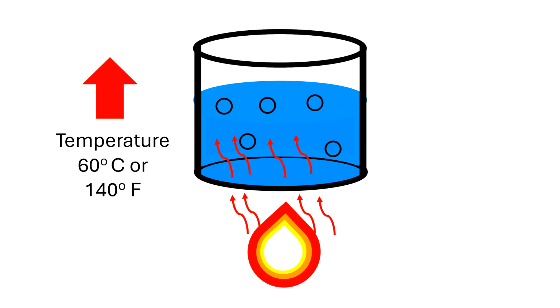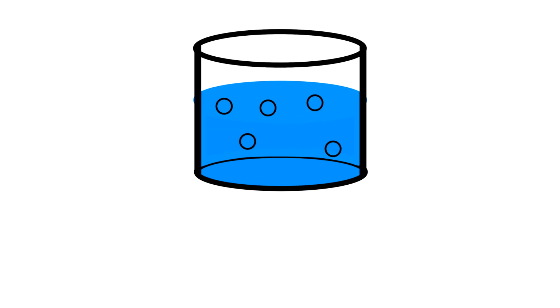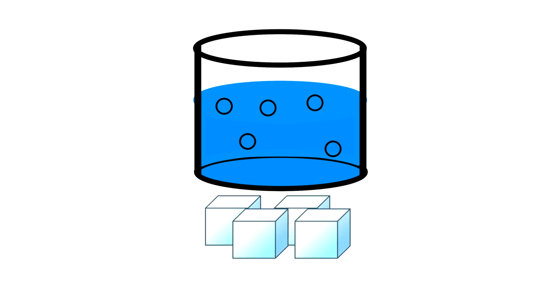Pretty straightforward. Now, what happens if we do the opposite and lower the temperature of the water? Well, let's take that same container, and instead of putting it on a hot plate, we instead put some ice cubes underneath it.